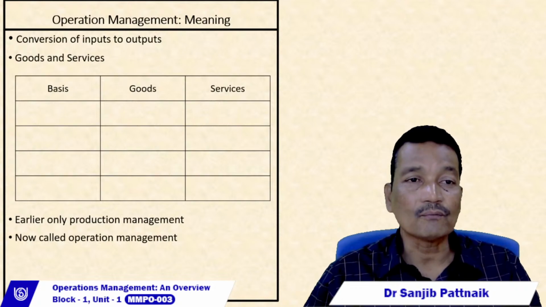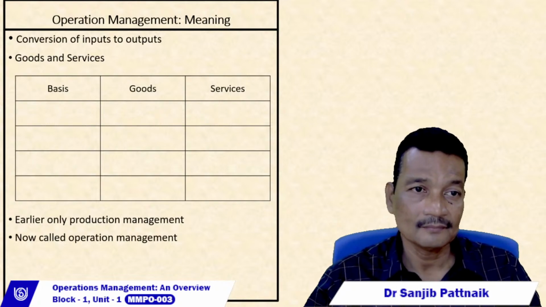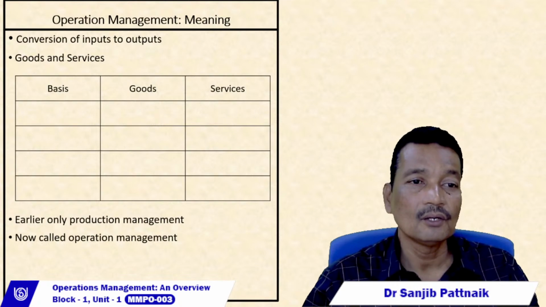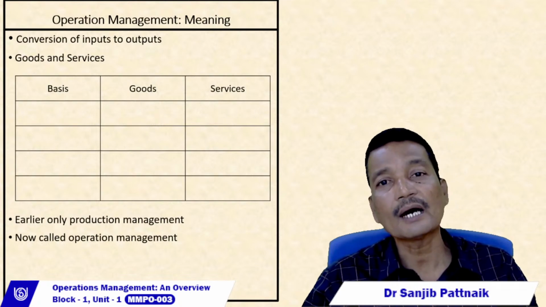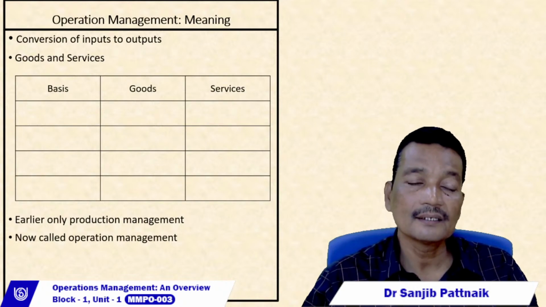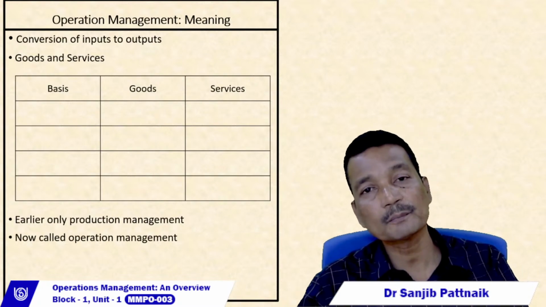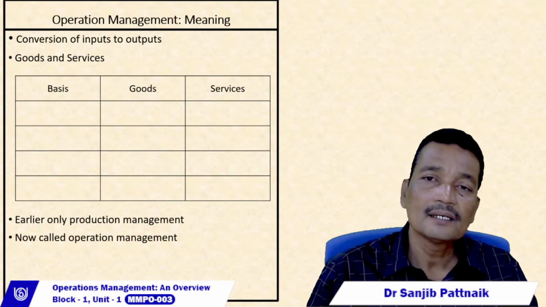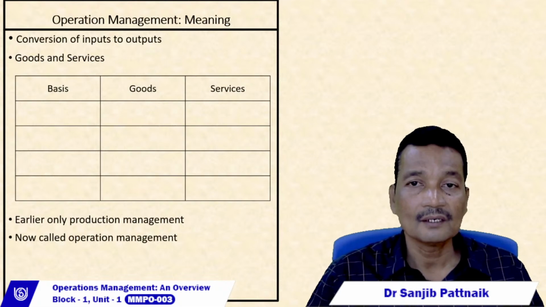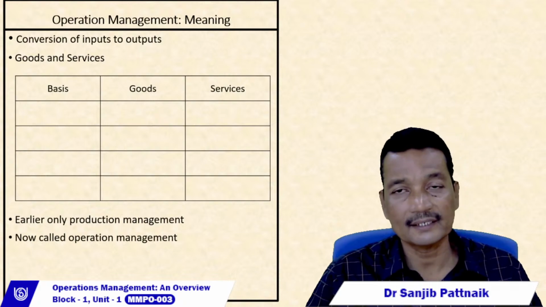Now, when we are talking of operations management, what do we mean by that? Simply saying, it is the conversion of inputs to outputs. Earlier, we put in the inputs, and whatever outputs were produced were pushed to the customers, and since their choice was very limited or they didn't have any other options, they had to go for that.